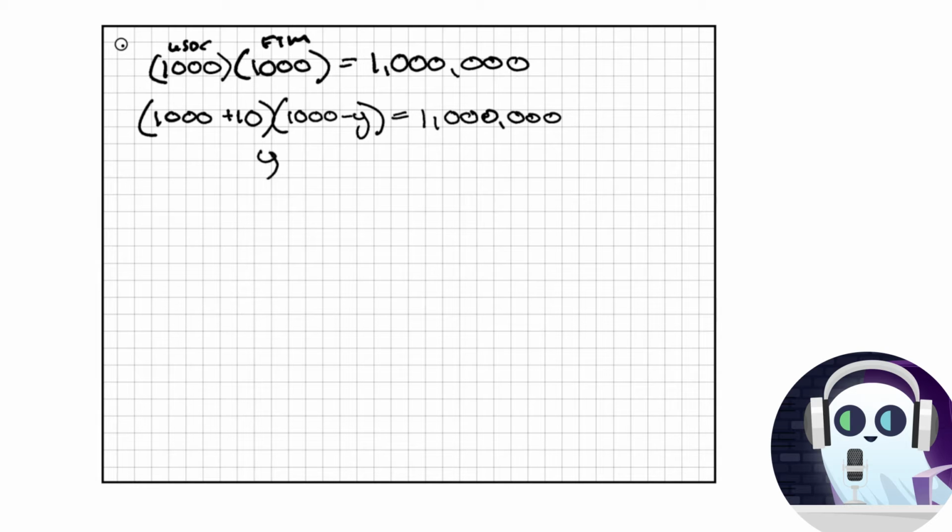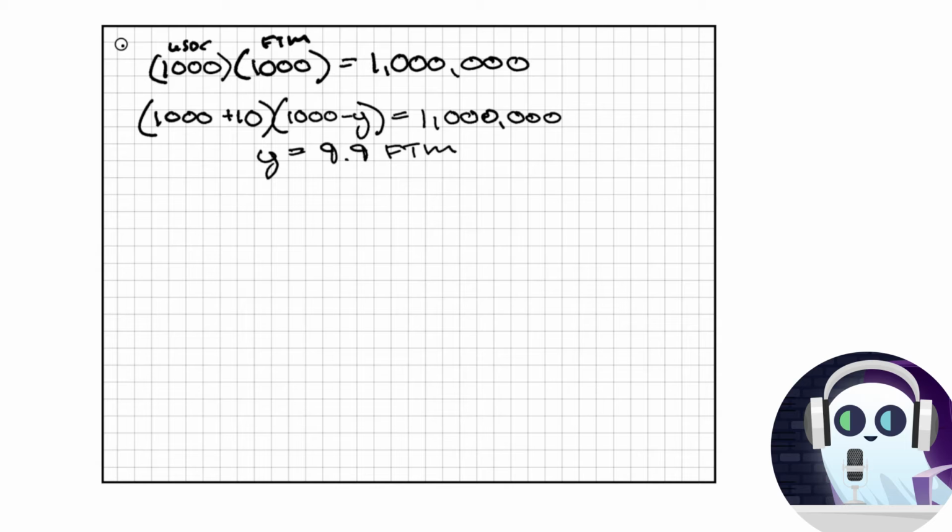And then Y would be equal to, I'm just going to do the math real quick. So Y would be equal to 9.9 FTM.